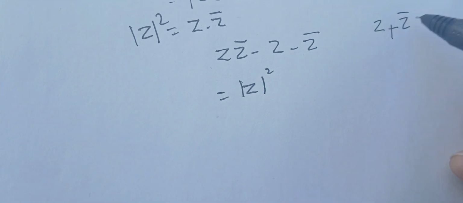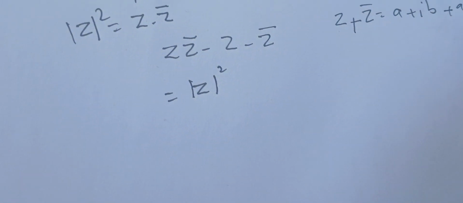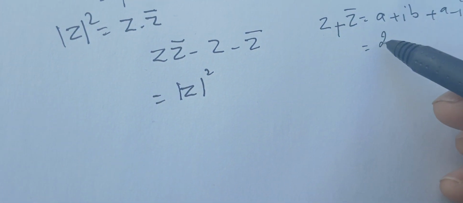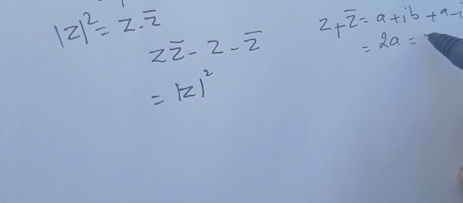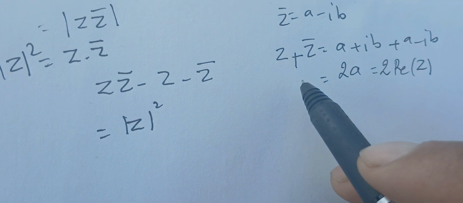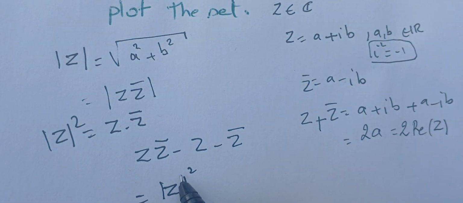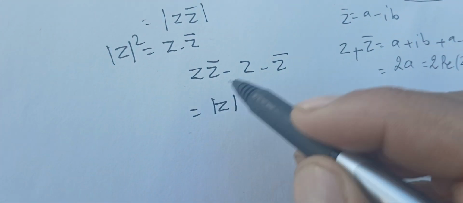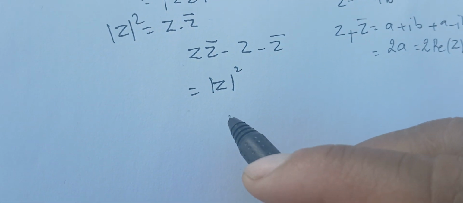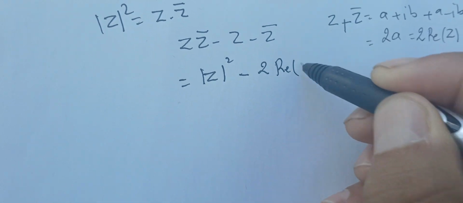So we can write z plus z bar as a plus ib plus a minus ib, because z bar is a minus ib, and we get 2a, or in general 2 real z. So given this condition, z minus z bar is minus 2 real z.